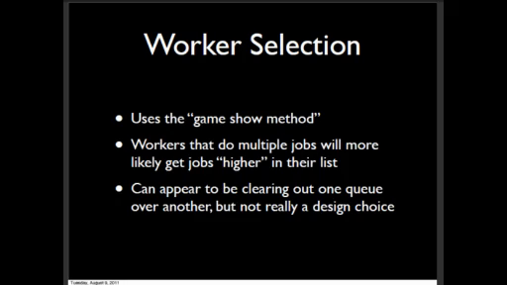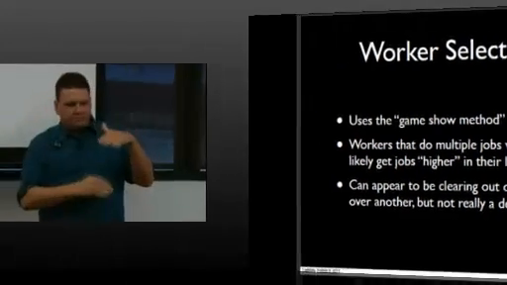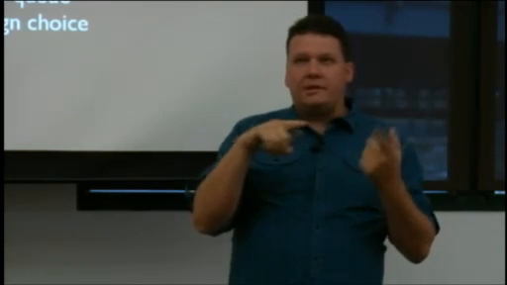So if he knows how to do 10 jobs, job 1 through job 10, and in the queue there are 10 job 1s and 10 job 10s, what's going to happen is, the way the queue processing works, he goes through the work he knows how to do, in the order they were added.